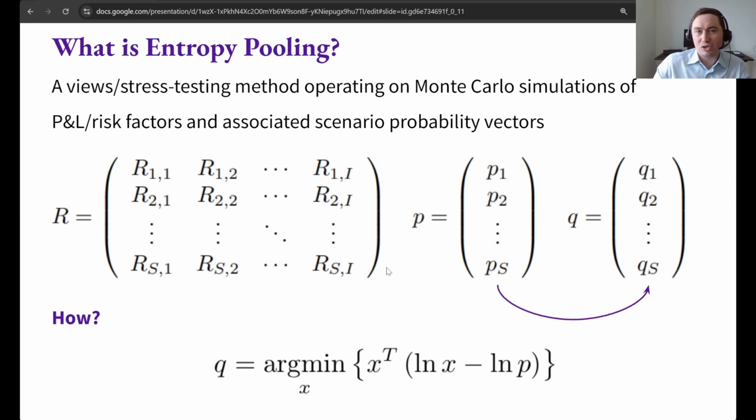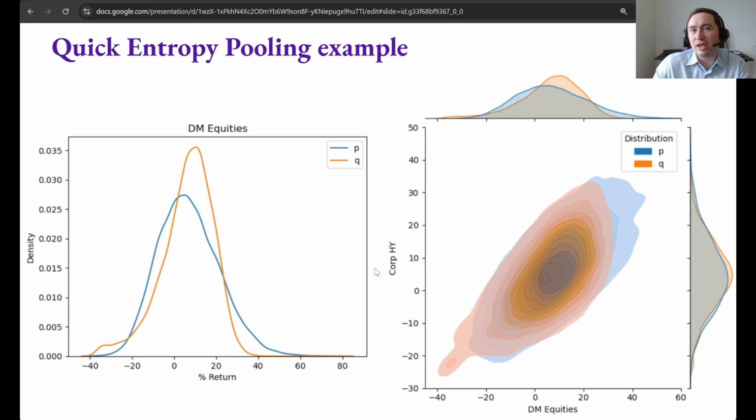Okay. But just to give you some intuition about what entropy pooling is, so you can imagine that we have this simulation, and for example we have simulated some developed market equities, and here we have the prior simulation called P. So this is just a log normal simulation, just to give us something to work with.